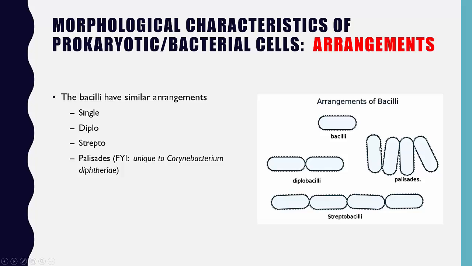Palisades look like a picket fence. They're side by side by side. This is very unique to some bacteria. In fact, when we talk about the disease-causing pathogenic bacteria, the one that causes diphtheria does this. And it's very unique. So this organism is known as Corynebacterium diphtheriae. You don't need to know that for a test, but yes, this is one of those things.